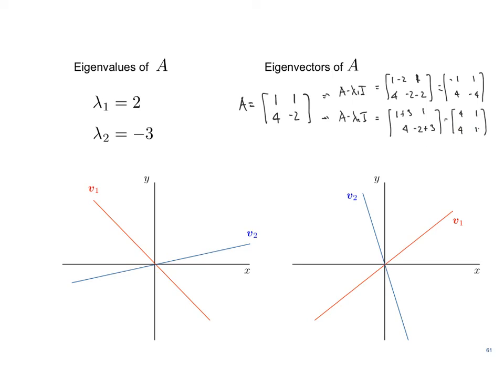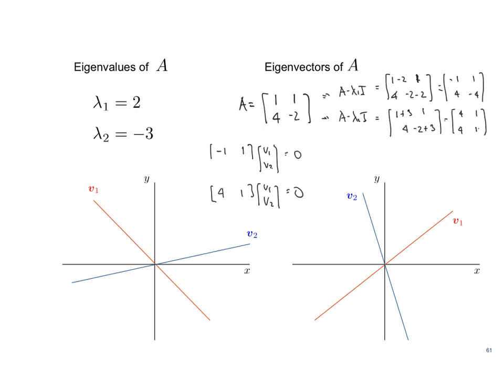We can just take any of the rows, so we have minus 1 1 multiplied by v1 v2, and the other one is going to be 4 1 times v1 v2, and this is equal to 0.